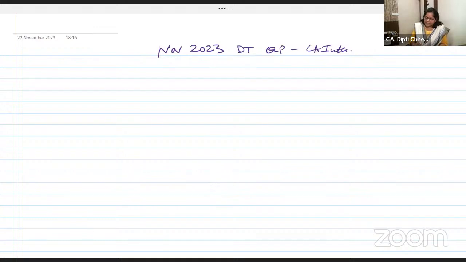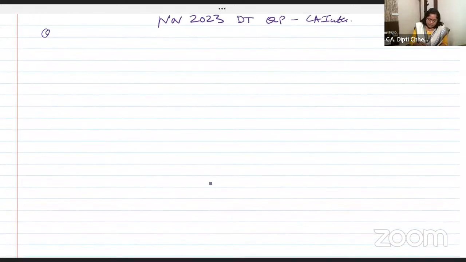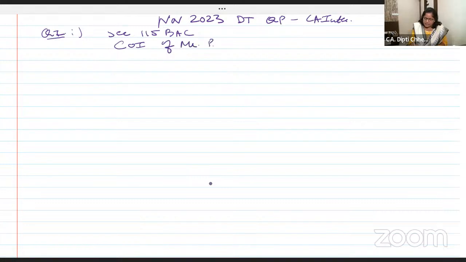We are solving it live and we are doing question number 1 with option 1. What is option 1? Computation of income is normal, but he goes for section 115BAC, that is the new tax regime. Okay. So, computation of income of Mr. Pramod, and the previous year is 2022-23.